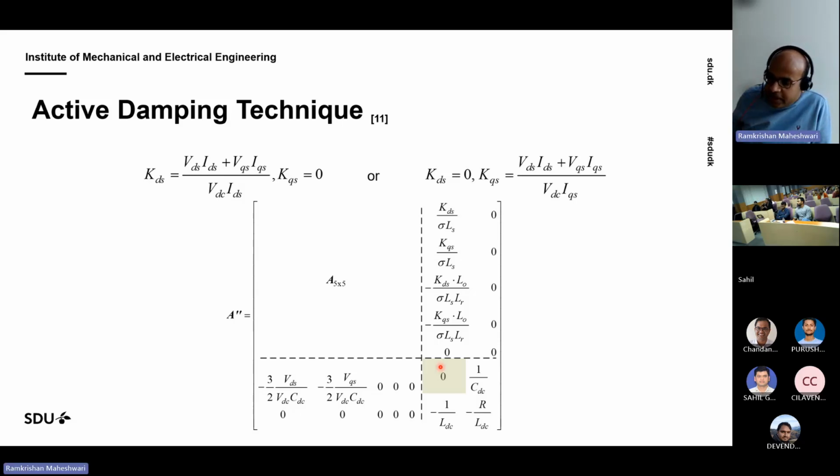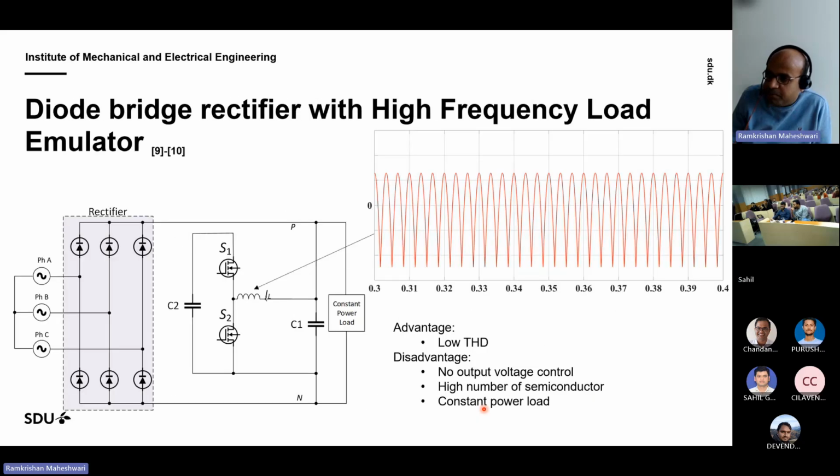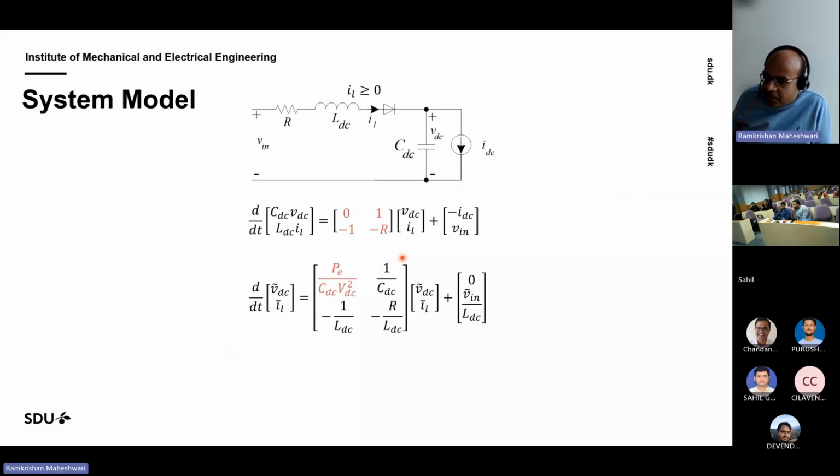Yes. So let's say if I only talk about a simple RLC circuit, if I have 0 here, if resistance is not there, then it is a marginally stable LC circuit. It will just keep on oscillating, right? So at least one element should be negative here.